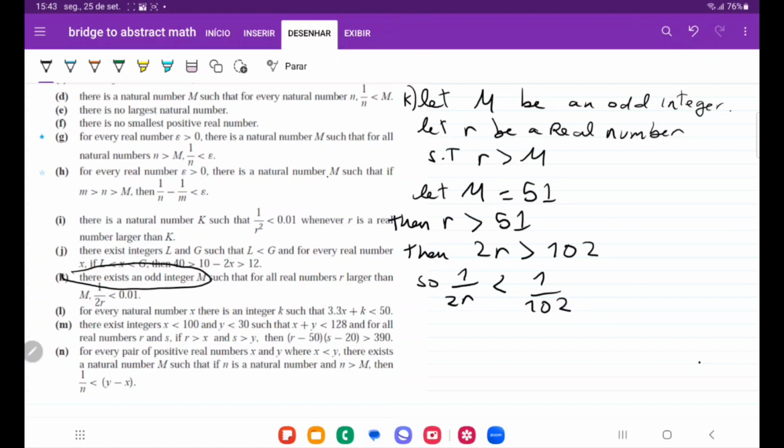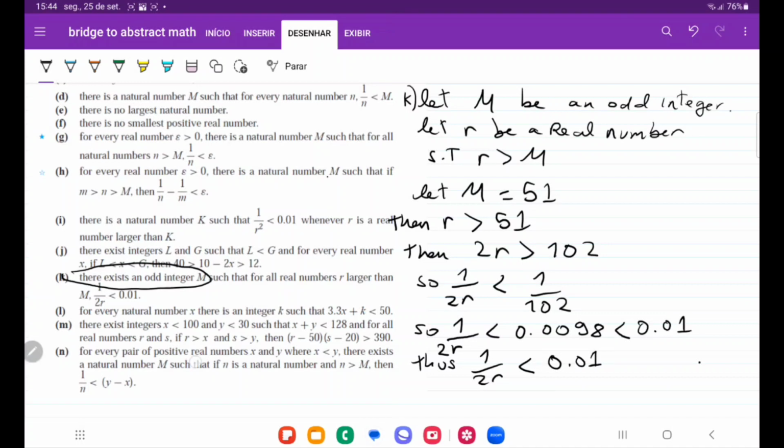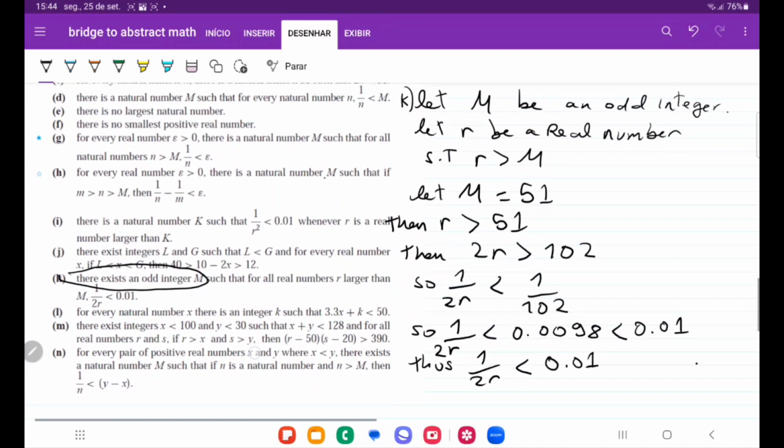And 1 over 102 is, let's see, 0.0098, and this is less than 0.01. Thus, we have that 1 over 2r is less than 0.01, which is what we wanted to prove in the first place.